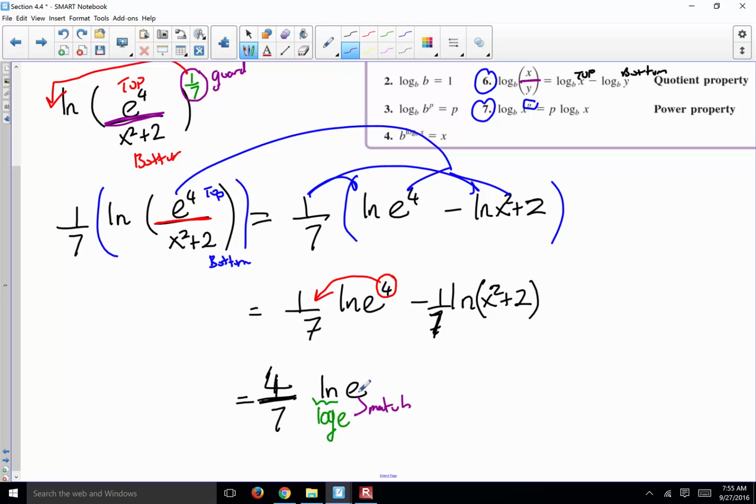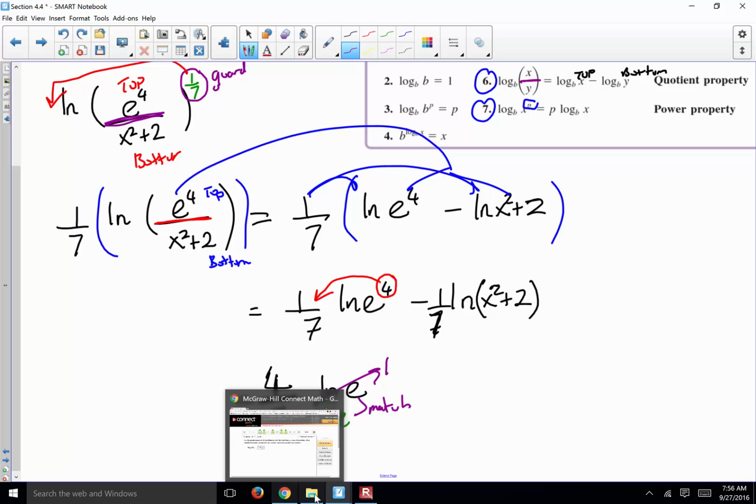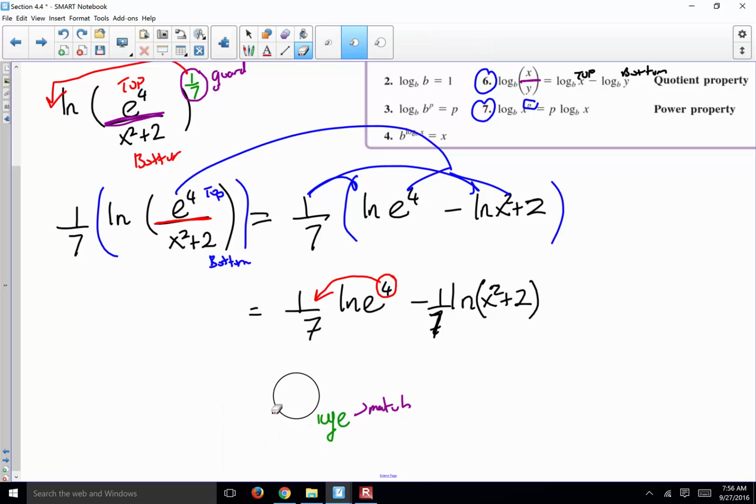Once the base and this number match, what happens to this logarithm? This becomes, what happens? E to the 1, 1. So 4/7 happens. Or you could have done this another way. You don't need this. What rule can you do directly here in this list?